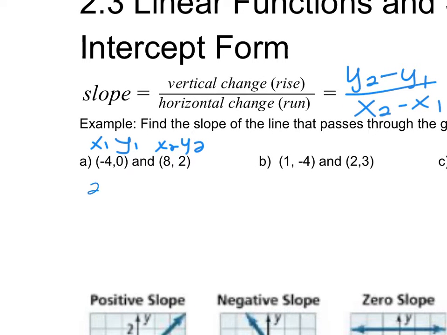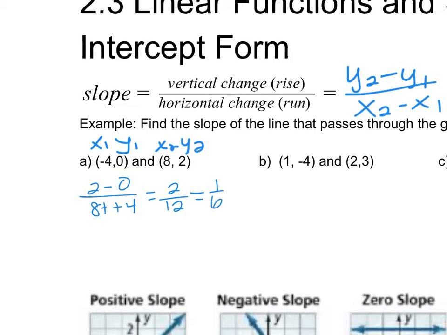In our formula, I'm just going to follow my formula. y2 is 2 minus y1, 0, over x2, 8, minus negative 4. Let's solve it. On top you get 2, then you change that to plus positive, and it's 2/12.